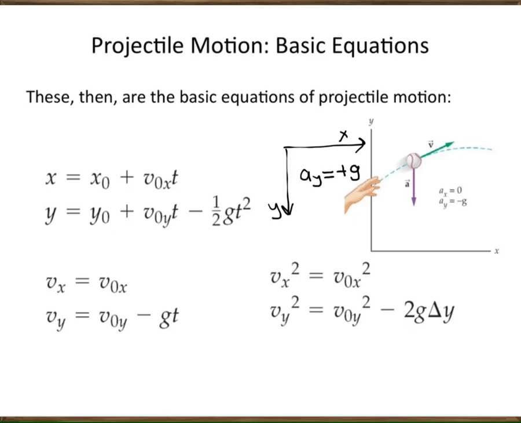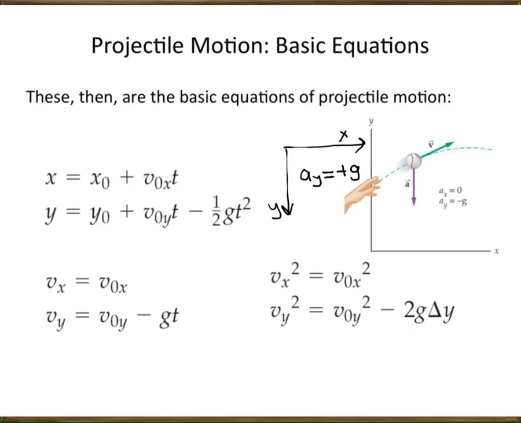You be very careful in this, choosing your coordinate system. Once you fix your coordinate system, that choice of coordinate system fixes the sign of the acceleration. If you choose downward as the increasing y direction, then the acceleration is plus g. But if you choose upward as the increasing y direction, then ay is minus g. Okay?